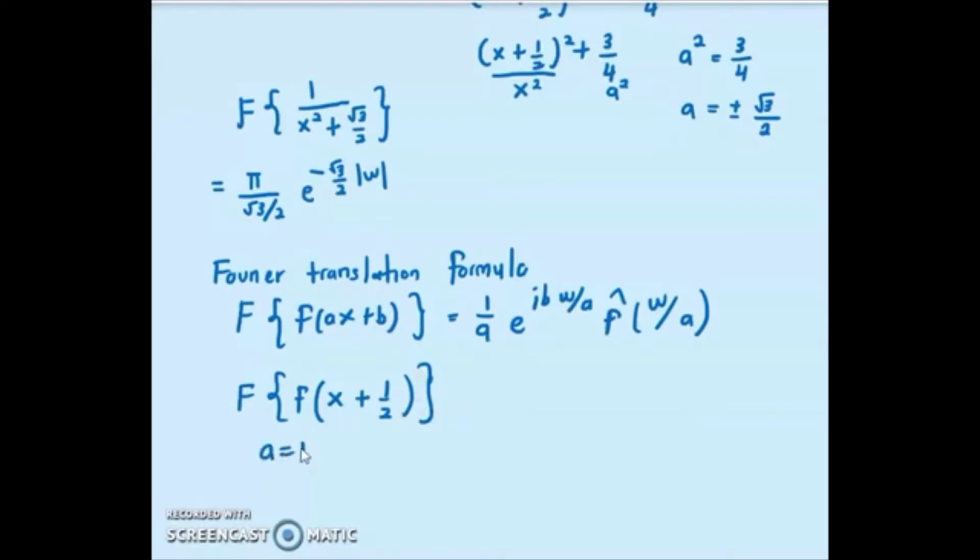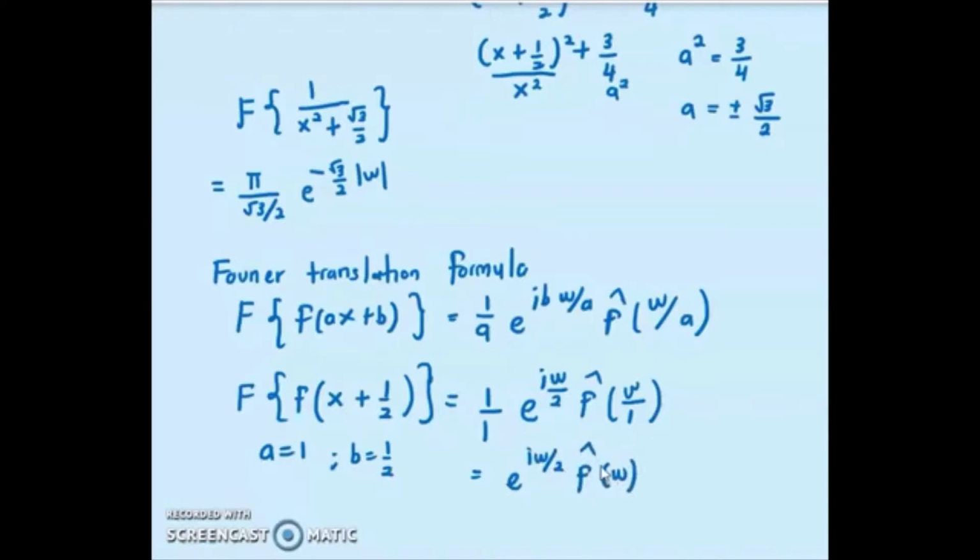That means my a is 1, my b is half. This will give me 1 over 1, e to the i omega over 2, f hat of omega over 1, which is e to the i omega over 2 times f hat of omega.